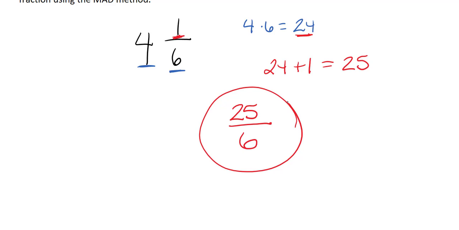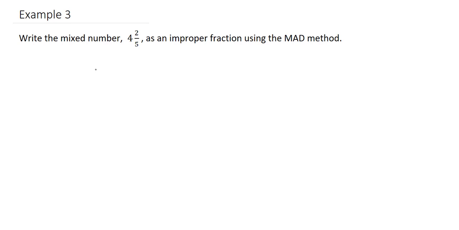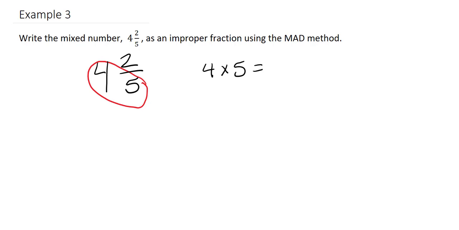Now let's do one final example. Example 3. Write the mixed number 4 2/5 as an improper fraction using the MAD method. So let's go ahead and rewrite this as 4 2/5. Now we're going to multiply these numbers together. So we get 4 times 5, which is equal to 20. Then we're going to add the 2 to the product of it.